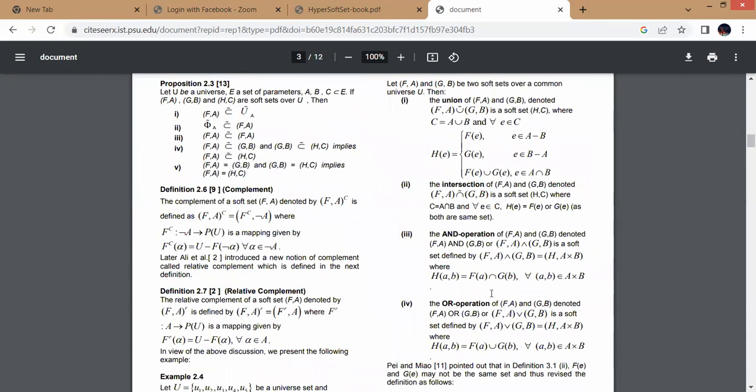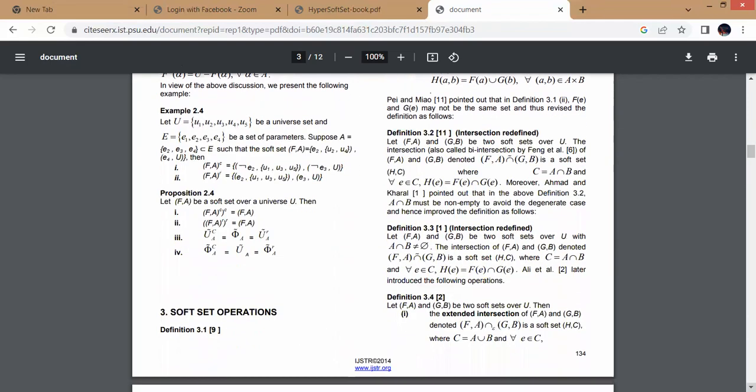Then there are complement, relative complement, intersection, union, and AND operation and OR operation. These definitions are written in the simplest form and in simple notations with the help of basic examples. In each topic, there are examples related to the topic. You can see the fundamentals of soft sets from here.